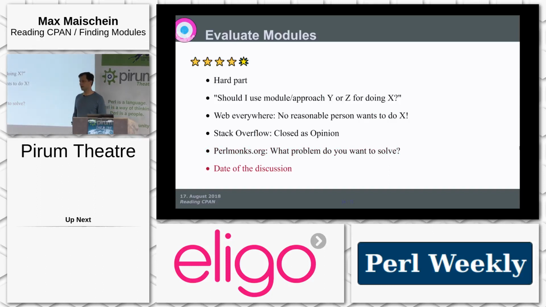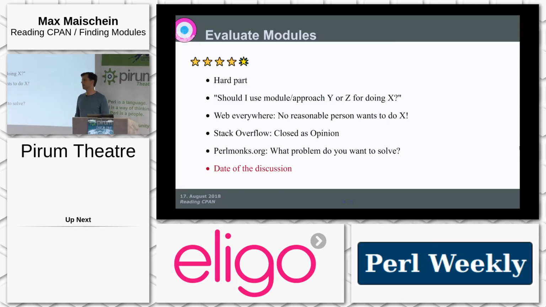If you look at past discussions of a topic, also look at the date of that discussion and compare it to the date when the last meaningful change in the API was.